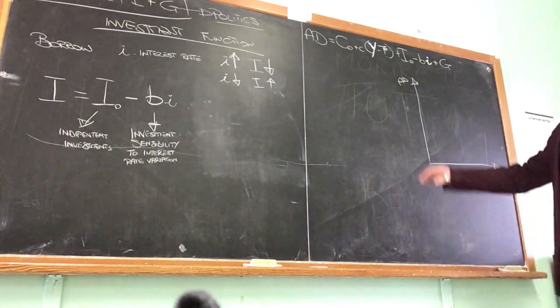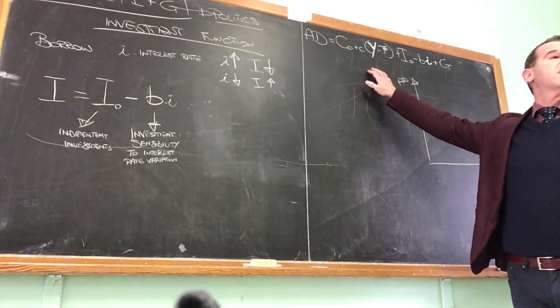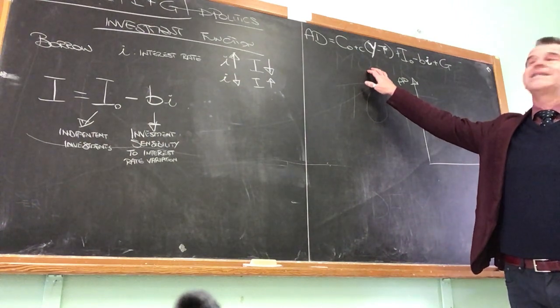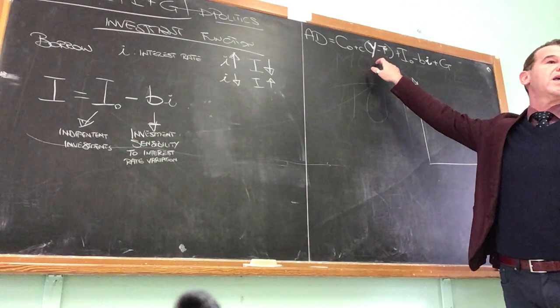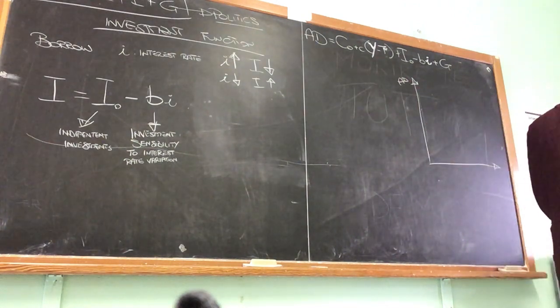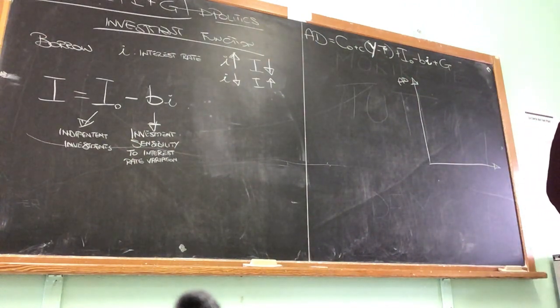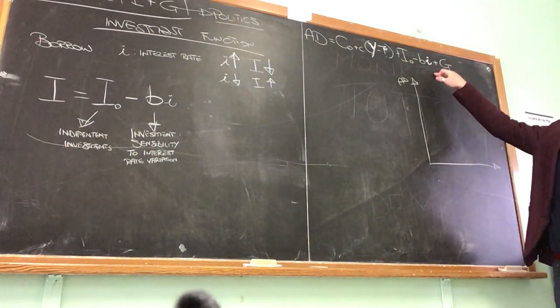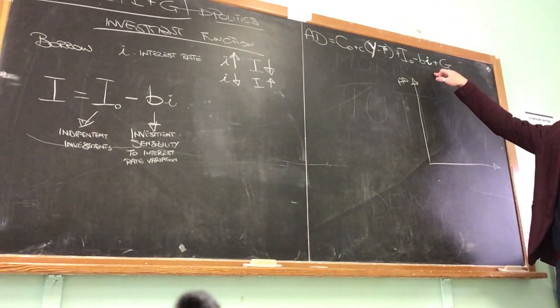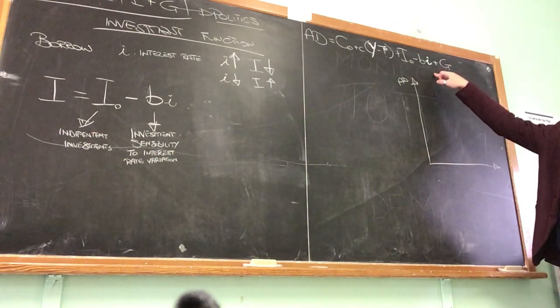So he said, for the goods market, definitely national income is the most important parameter. While for the financial market, definitely interest rate is going to be the most important parameter.